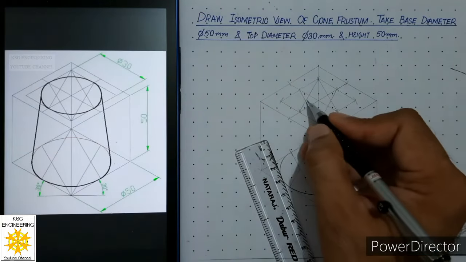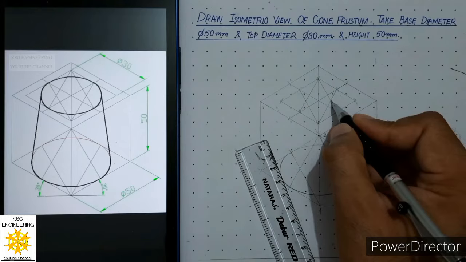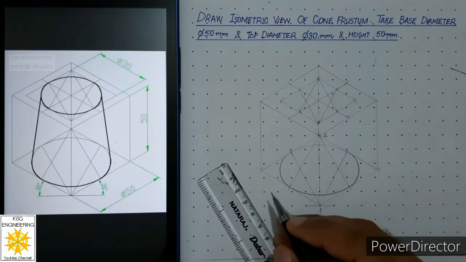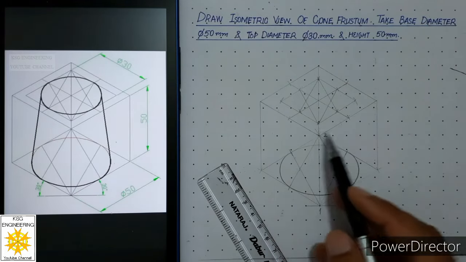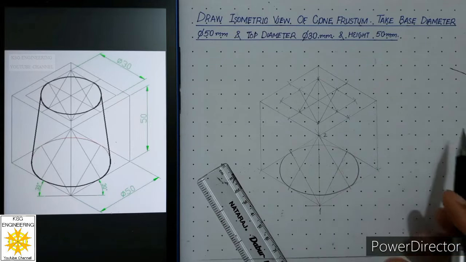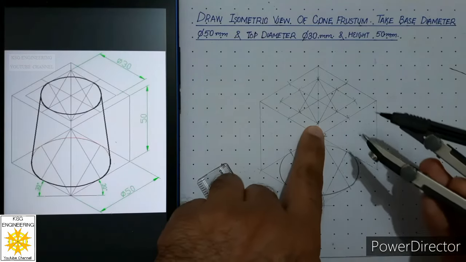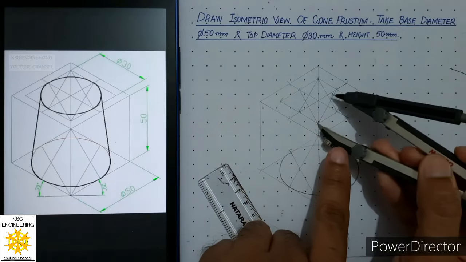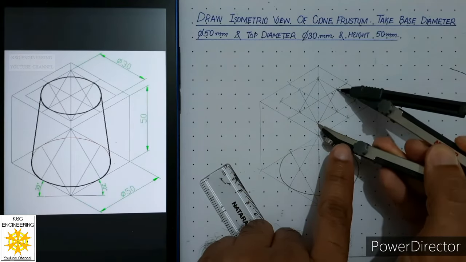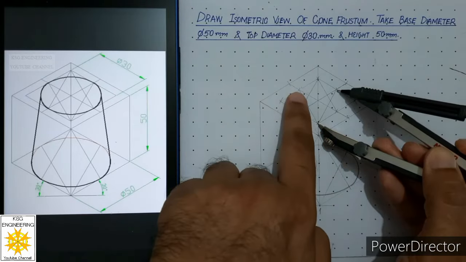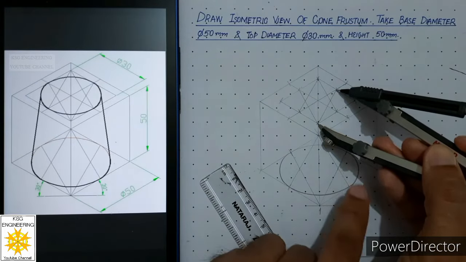In this manner, we will generate 2 more centers, which will help us to draw 4 arcs to form the ellipse. So let us use this center first. Place your compass at this center, open compass to this radius and draw a thick arc between these 2 points.